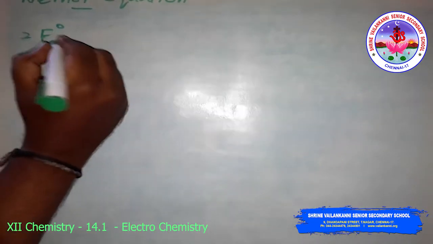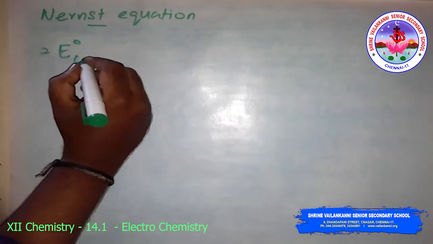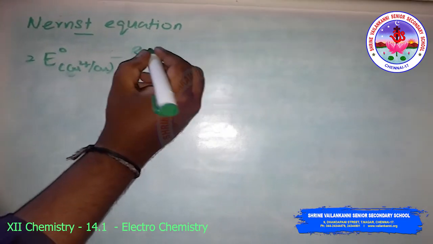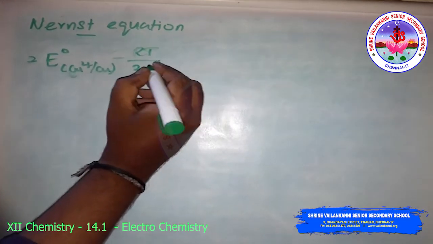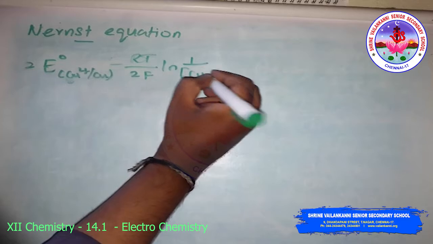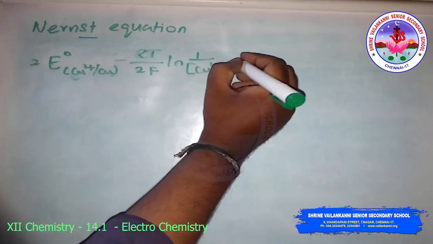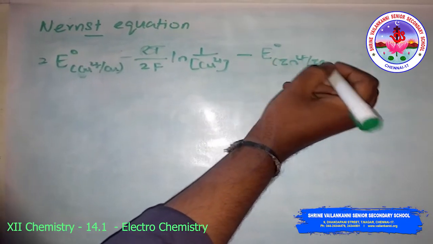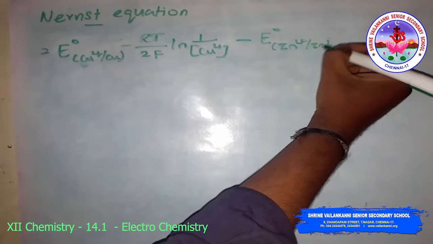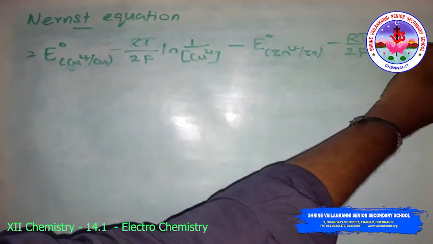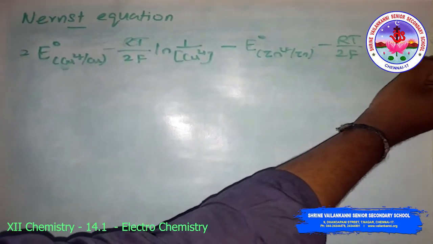Now you will get E naught for Cu2+/Cu minus RT divided by 2F into ln of 1 divided by [Cu2+], minus E naught for Zn2+/Zn minus RT divided by 2F into ln of 1 divided by [Zn2+].